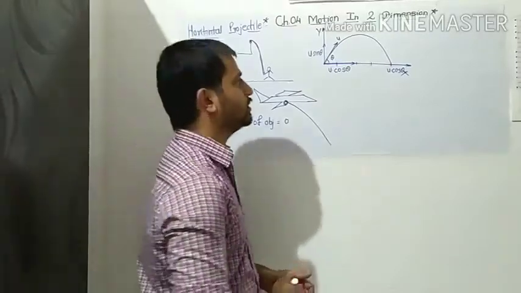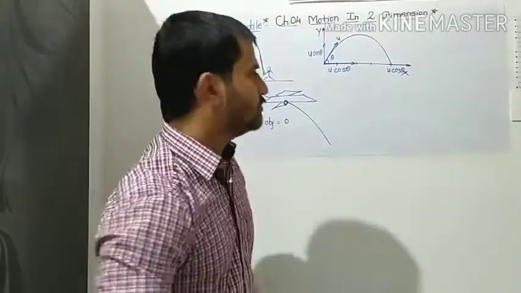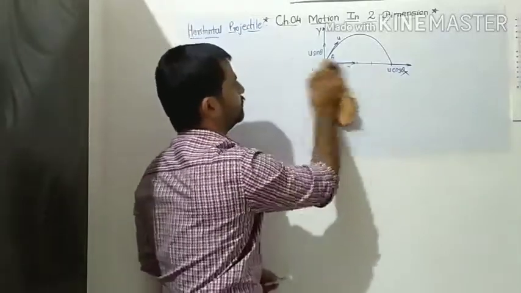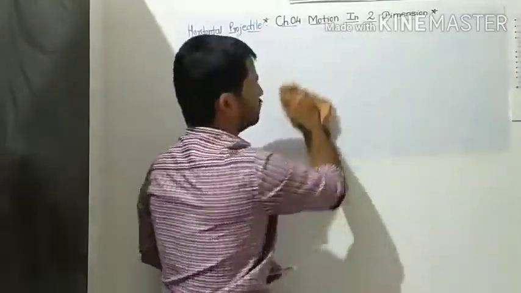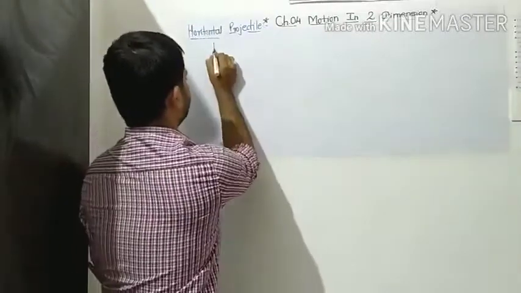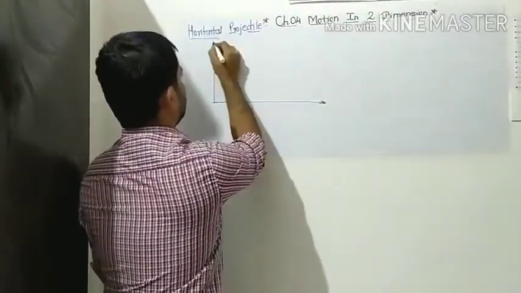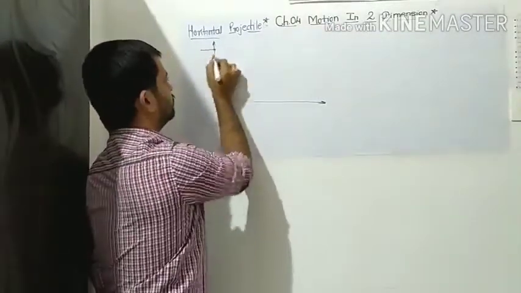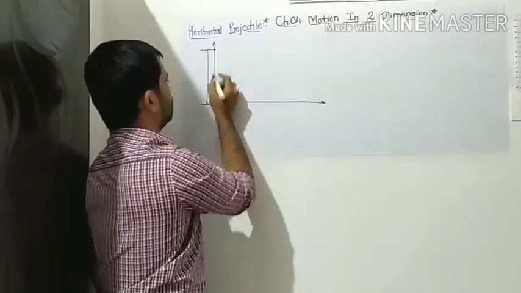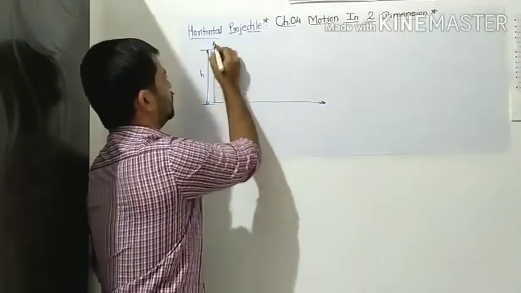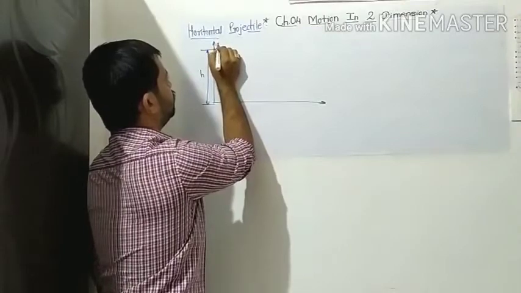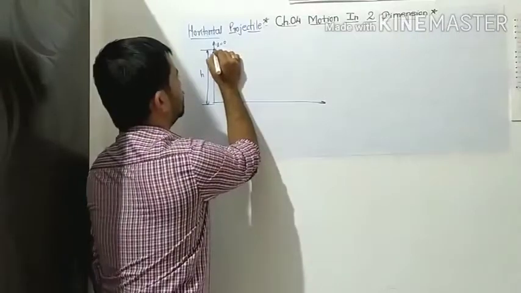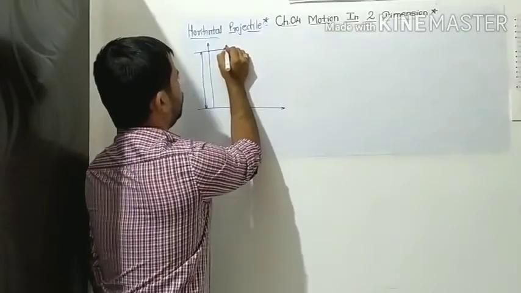So if we think about this, then we come to know that if an object is thrown from a particular height, suppose we consider that height as h, then initially the value of u is equal to 0, and it has one component, that is ux.